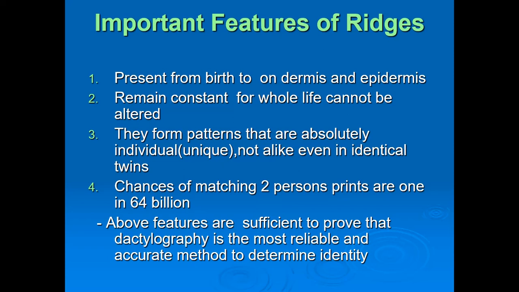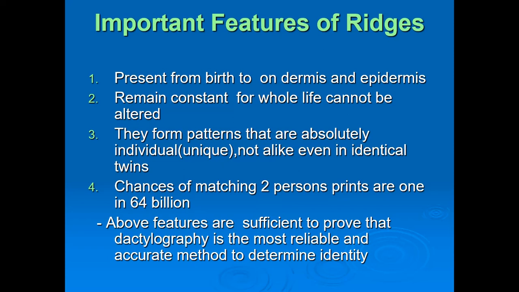They form patterns that are absolutely individual or unique, not even the same in identical twins. That is a great characteristic. Identical twins can also be separated by the presence of these unique different ridges. Now the chances of matching two persons' prints are 1 in 64 billion.